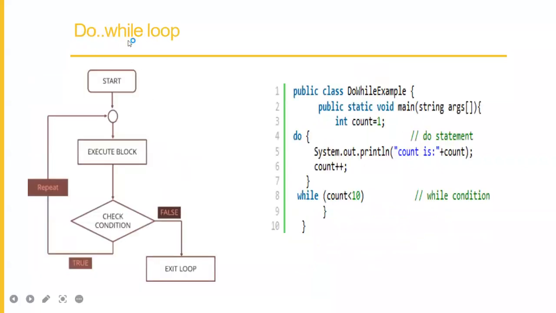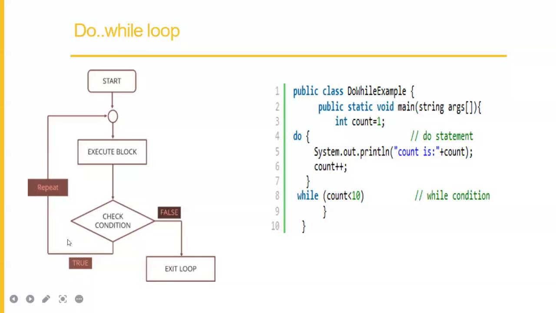When you come to a do while loop, what happens? It is an exit control loop. Why am I saying it is an exit control? Initially, it will execute the body at the very first time, and later it will check the condition. If this condition is false, exit the loop.